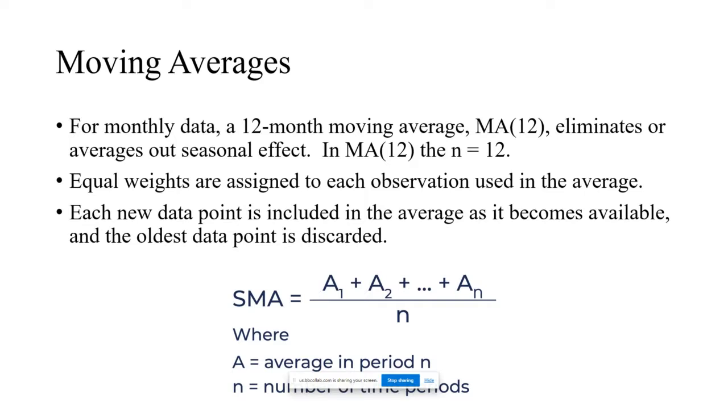Equal weights are assigned to each observation used in the average. Each new data point is included in the average as it becomes available, and the oldest data point is discarded. So you can see there the formula for a simple moving average. Again, it's just the mean over whatever time period you use, whatever N or K that you choose to study.